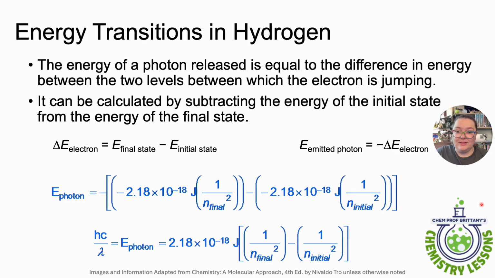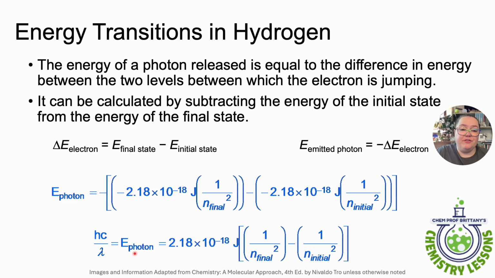So we can calculate that by subtracting the energy of the initial state from the energy of the final state. So there is a formula. It looks really complicated, but if you think about it just like this is where it started, however far out, and then it dropped down to this is where it ended. And so this is a kind of calculation that you need to be comfortable with.